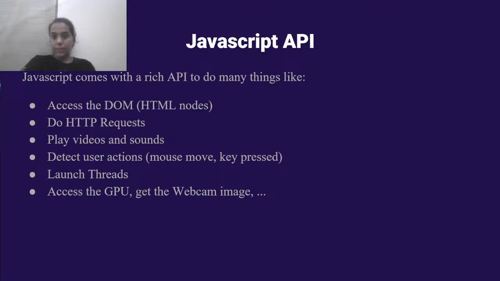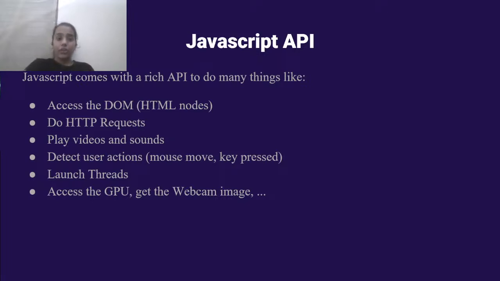We can use methods like getElementById, querySelector, appendChild, and addEventListener, which are part of the DOM API.